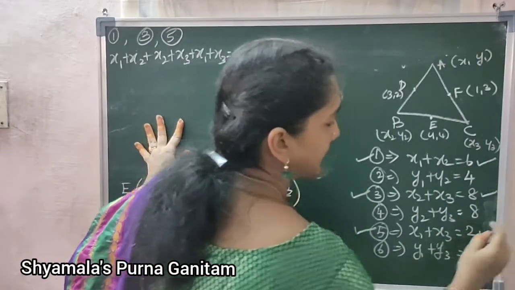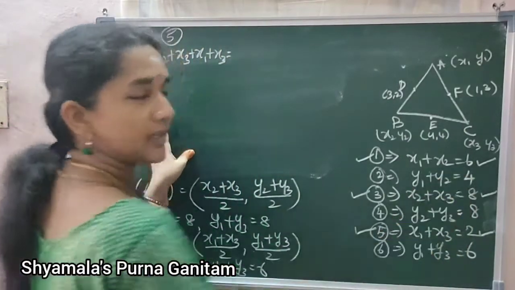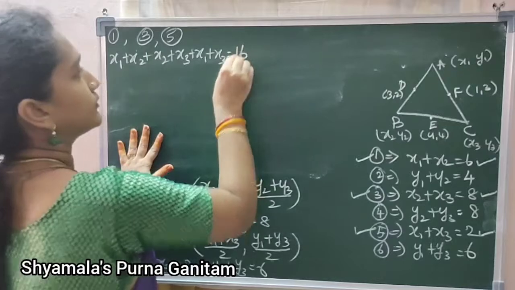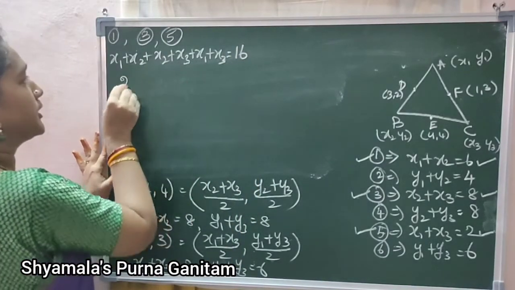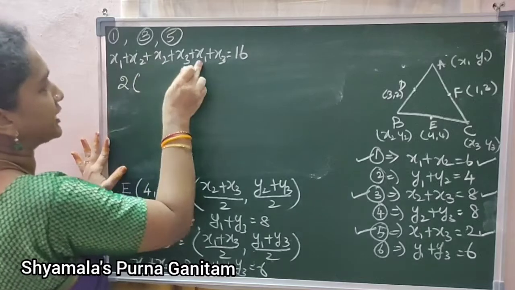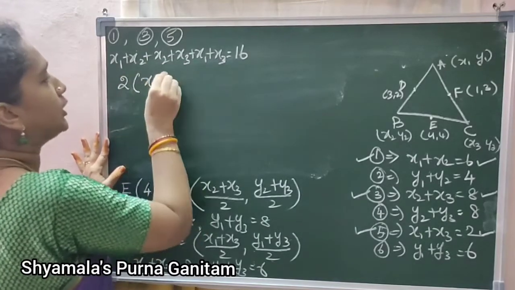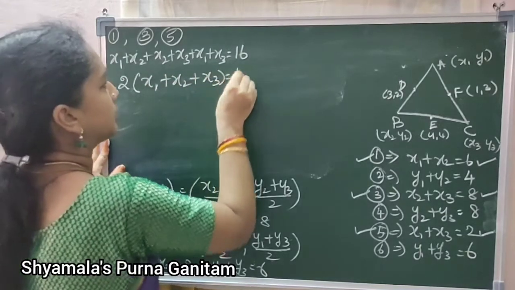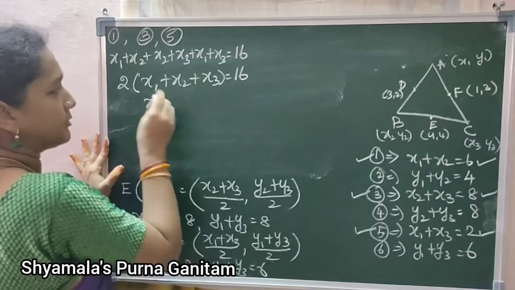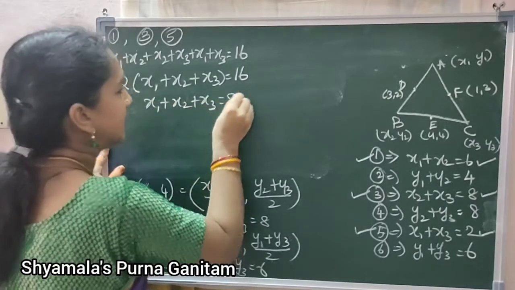So I will get 8 plus 2, 10, 10 plus 6 is 16. Here I am having 2 times x1, 2 times x2 and 2 times x3. So I am taking 2 common: 2 times (x1 plus x2 plus x3) is equal to 16. So x1 plus x2 plus x3 value is 8.